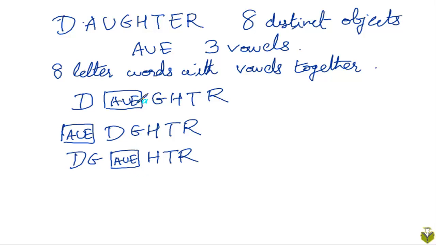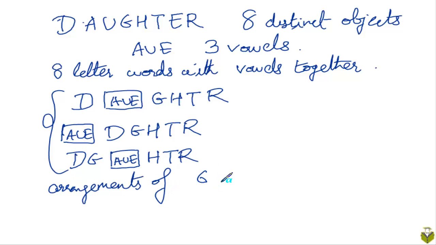It seems like this is treated as one single object, and it behaves as a single object, and you can just see the arrangements of 6 distinct objects taken 6 at a time, right? So how many of these are possible? It is 6P6, right? So 6P6 is actually 6 factorial.